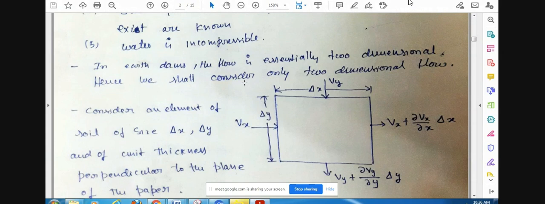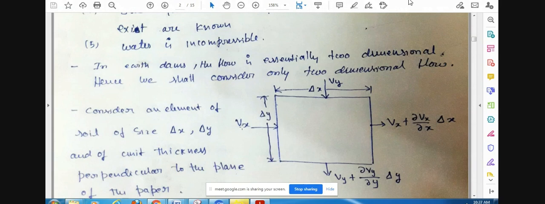So the volume of that element is delta x into delta y into 1. The one unit is just perpendicular to your screen, so the volume of this control element is delta x into delta y into 1.